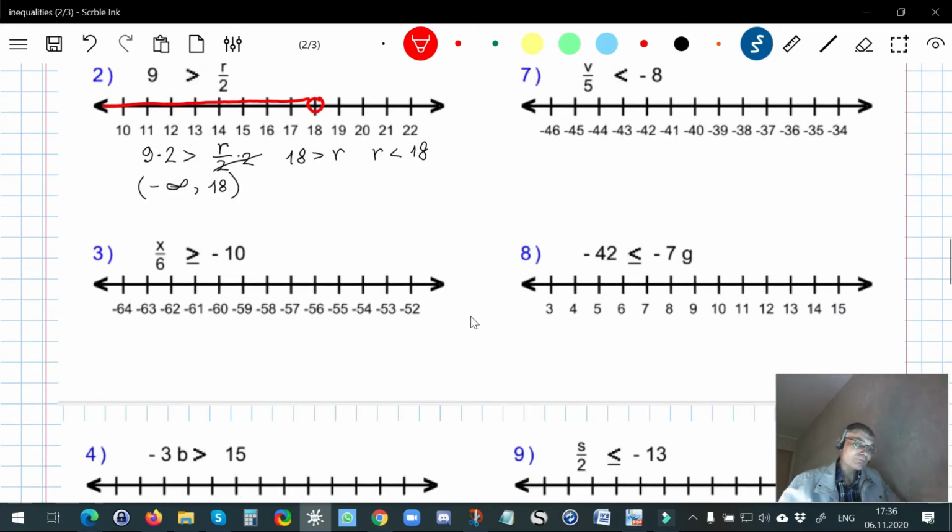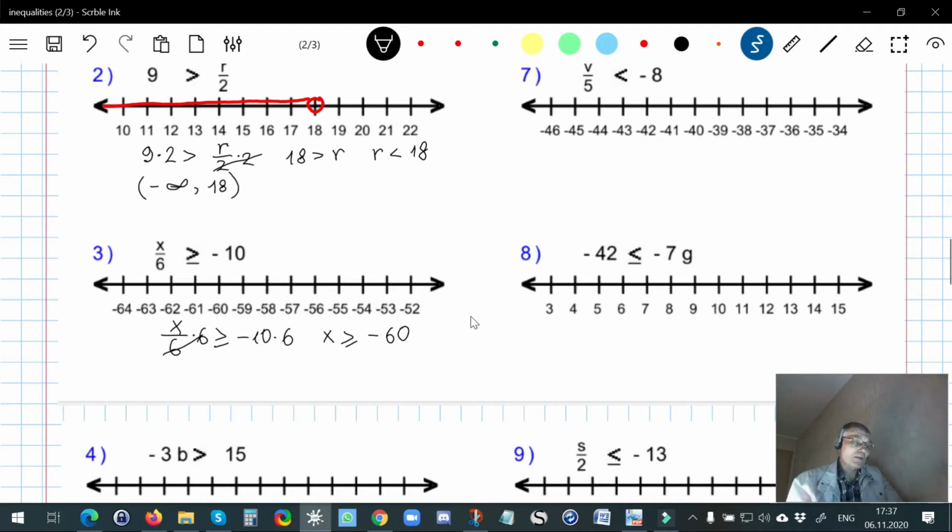This one is pretty much the same. We have to isolate this x. Again, we're doing that by multiplying both sides by 6. Negative 10 multiplied by 6. Here 6 cancels, which gives me x is greater than or equal to negative 10 multiplied by 6, which is negative 60.